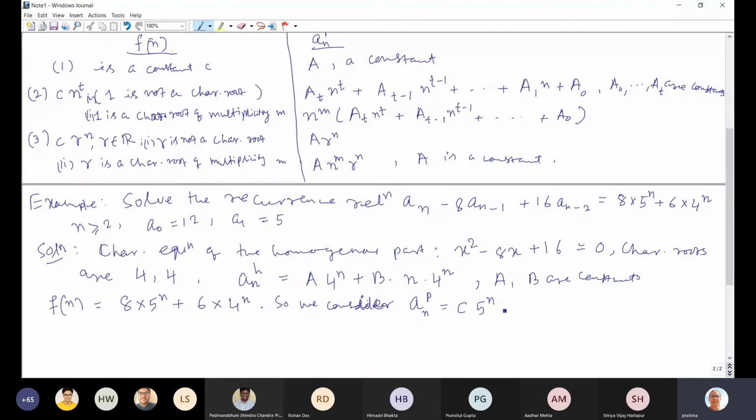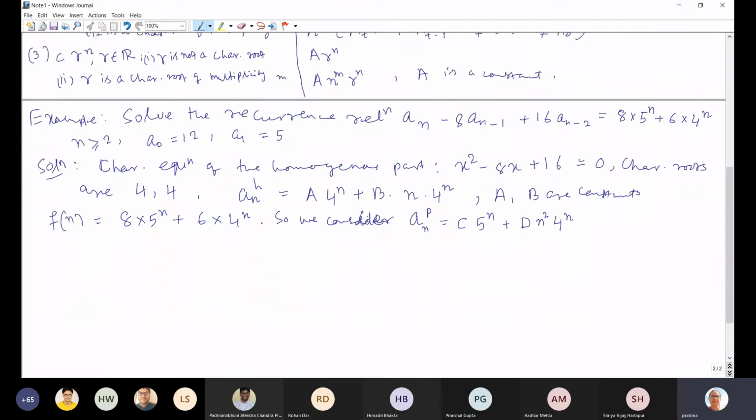And the second term, because 4 is a characteristic root of multiplicity 2, we have to write some constant D times n squared times 4 to the power n. The particular solution will be considered like this.